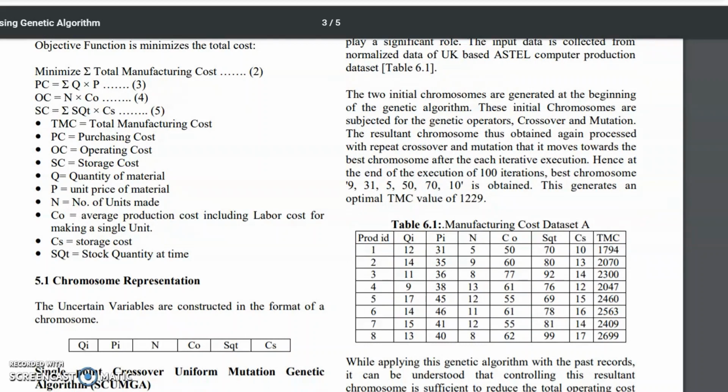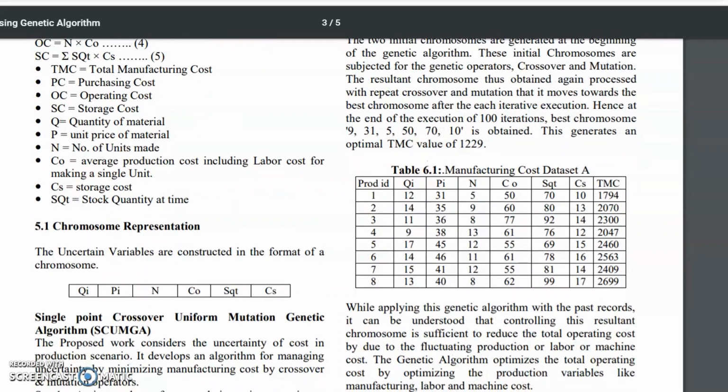So uncertain variables, how we are constructing: QI, PI, N, CO, SQT and CS. These are the uncertain variables. QI stands for quantity of the material, PI stands for unit price of the material, N stands for number of units made, CO stands for average production cost, SQT stands for stock quantity at a time, and CS stands for storage cost. So this is the chromosome representation which we are going to apply for a genetic algorithm.